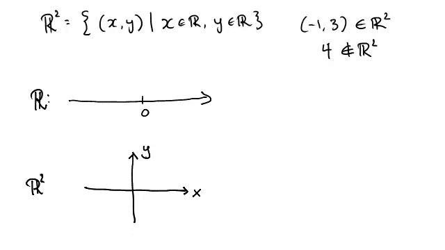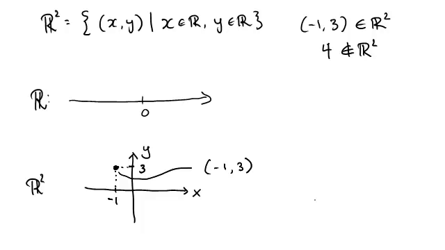Each point in this plane then is an element in R2. For example, if I have minus 1 here and 3 here, then this point here is the element minus 1, 3, which is a member of R2. In this way, for every element in R2, there is a unique point in this plane.